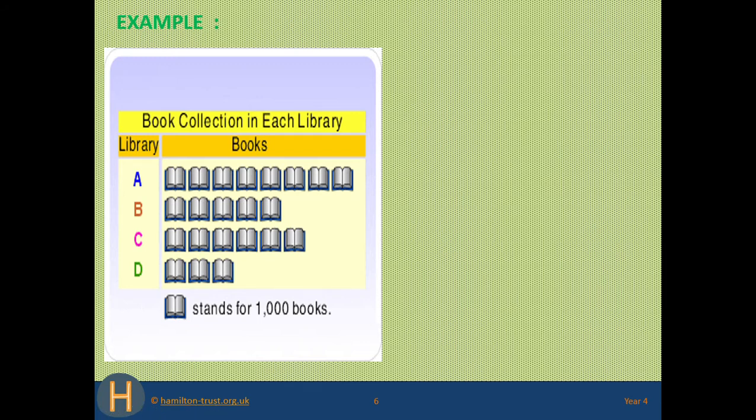Okay, student. That is the explanation about bar chart or bar graph.